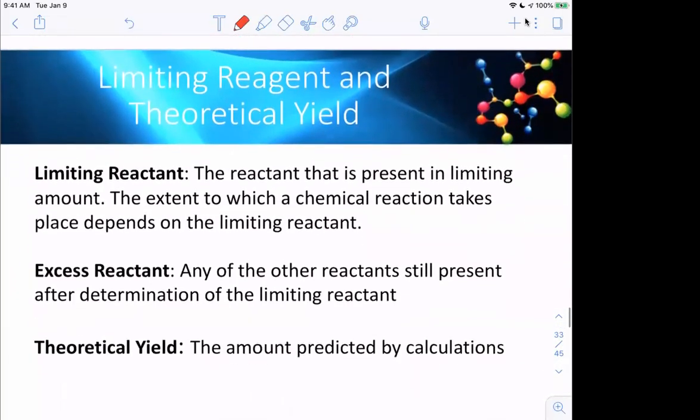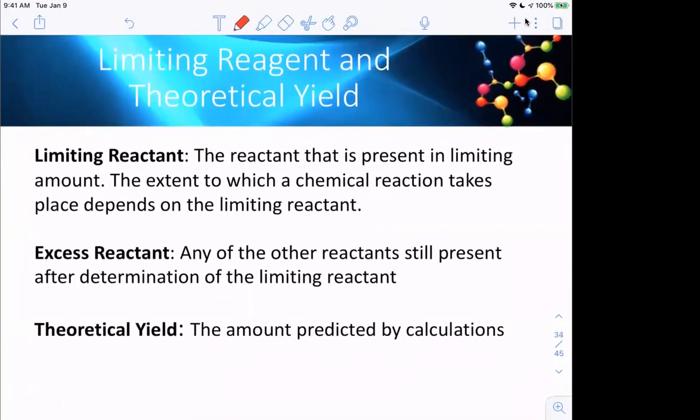The same exact principle applies in chemical reactions. The limiting reactant or the limiting reagent is the reactant that is present in limiting amount. It limits the amount of product that can be formed because once it runs out, there's no more of that chemical.